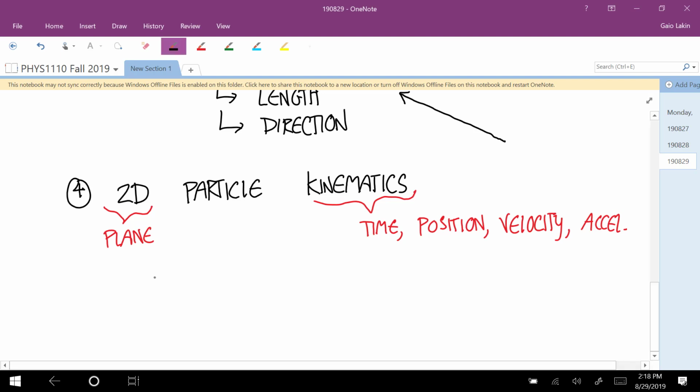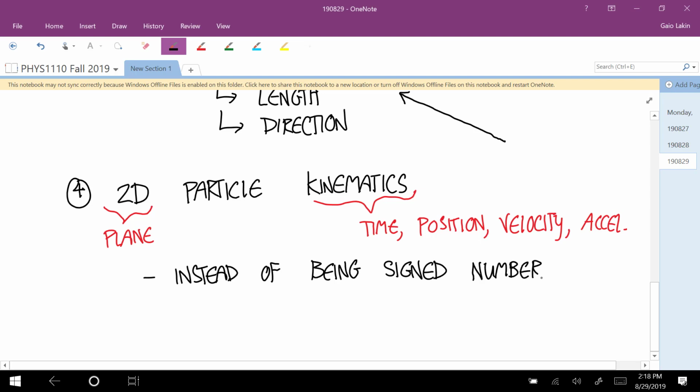But now the difference is, instead of being signed numbers, position, velocity, and acceleration will all be vectors.